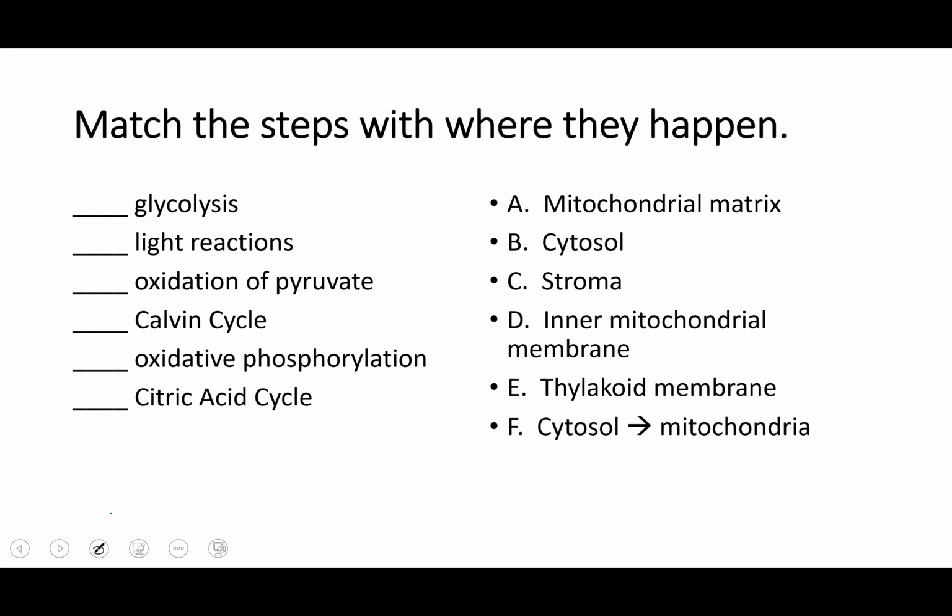Okay, glycolysis, where is it happening? Cytosol. The light reactions, where are they taking place? The thylakoid membrane. Oxidation of pyruvate. You can just say the letter even. F, cytosol to the mitochondria.